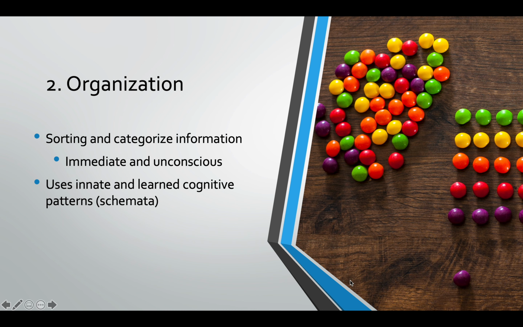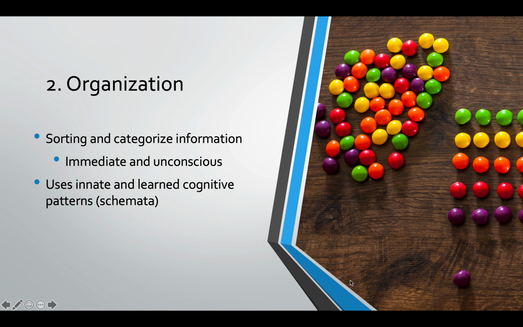For example, we can see faces pretty early on. And it also explains why we tend to see faces in things like the light sockets or in the tiles on the floor of the bathroom. And so we are given some schemata. I'll talk about the difference between schema and schemata in the next slide.